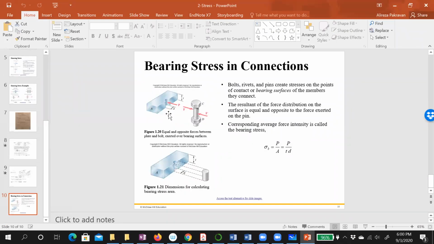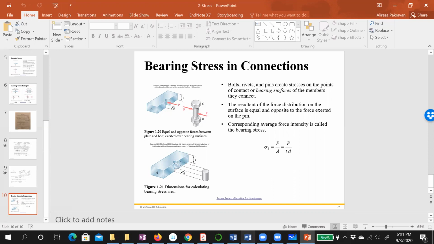Bearing, again, just as a review. If you have a bolt in the plate, the formula for the area for the bearing would be thickness times the diameter of the bolt, right? We said this is a proposed formula to find the bearing once we have a bolt in the connections, right?